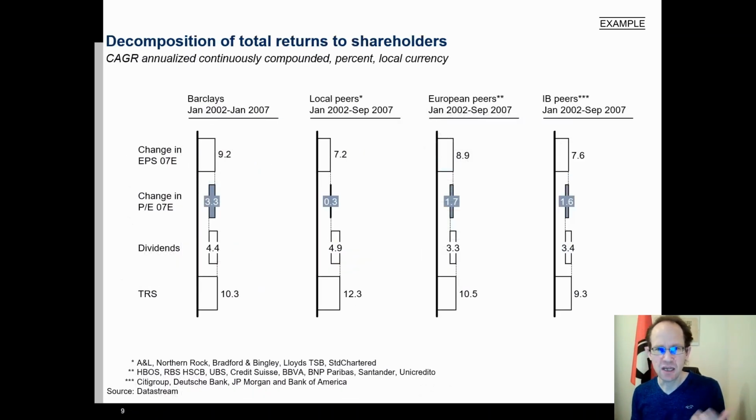Now, there's another example where you decompose what is called the total return to shareholders. The total return to shareholders is a combination of share price changes and dividends. And then you can decompose these into the actual earnings per share and the price earnings ratio.